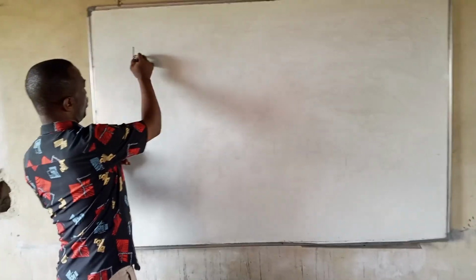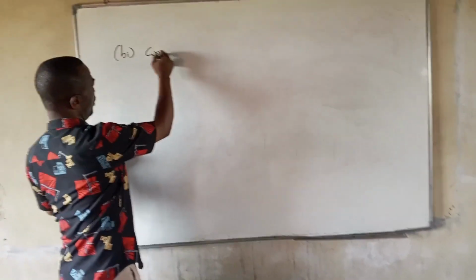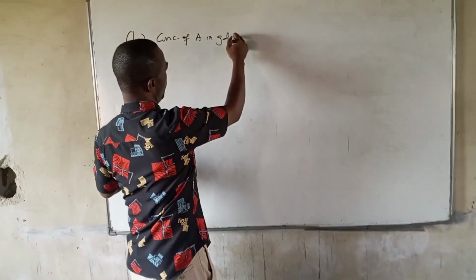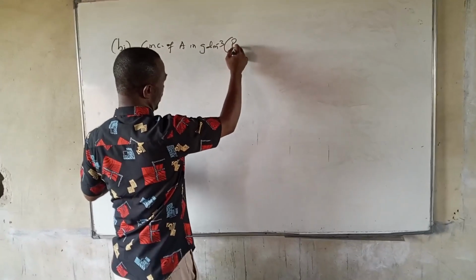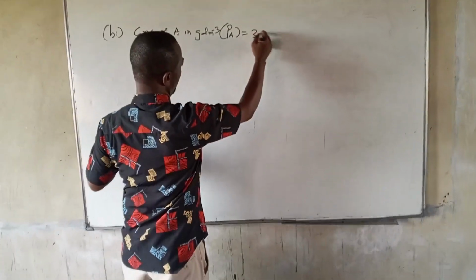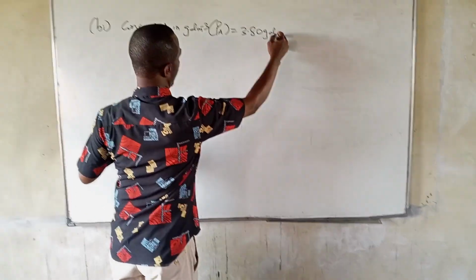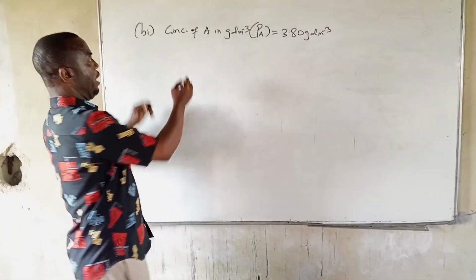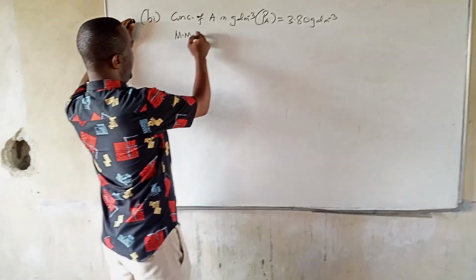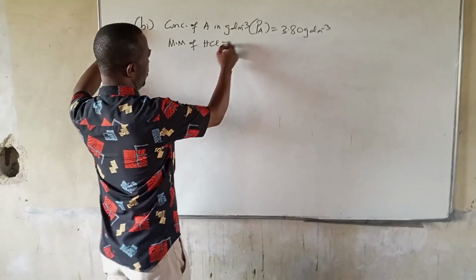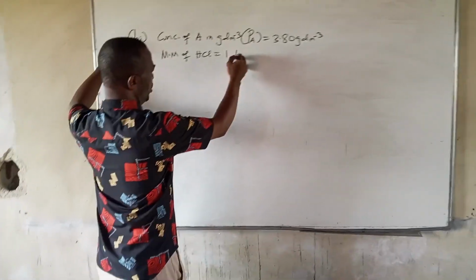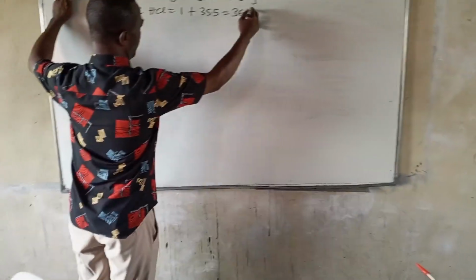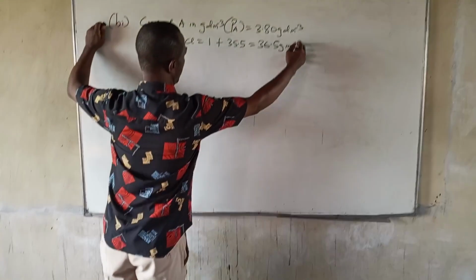So from the equation, we are told that the concentration of A in gram per dm cube, which I can call rho A, is 3.80, the mass in 1 dm cube. We find the molar mass of the acid, which is HCl: 1 for hydrogen, 35.5 for chlorine, giving us 36.5 gram per mole.